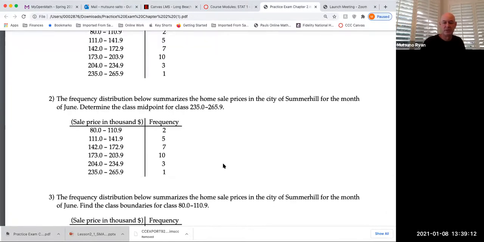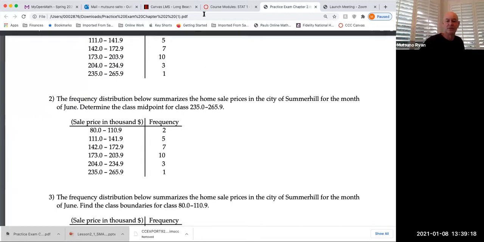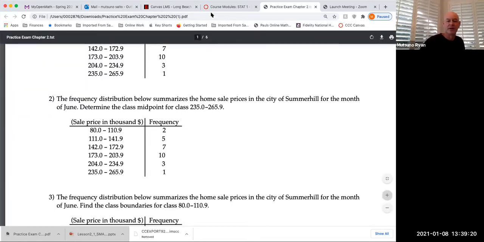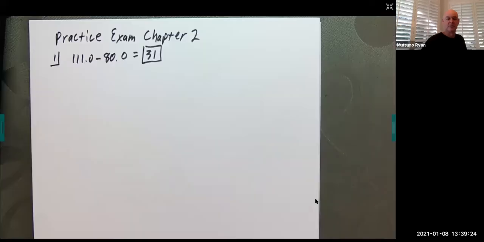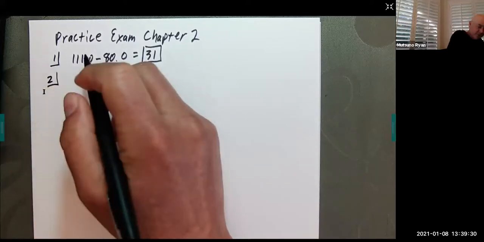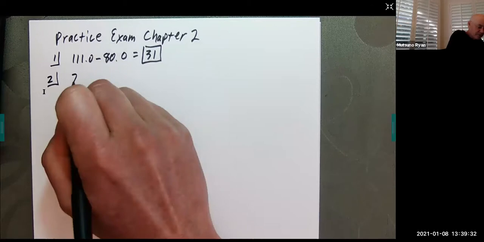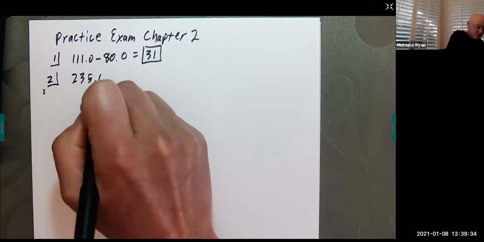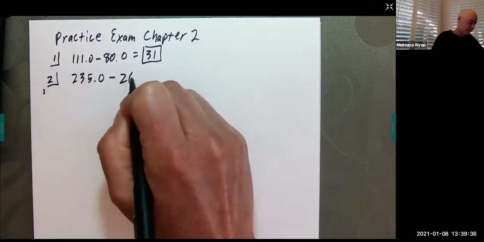Frequency distribution below, same idea. They want to know the class midpoint for 235 and 265 for that class. Let's switch here. So for number 2, they want to know the class midpoint for 235.0 to 265.9.